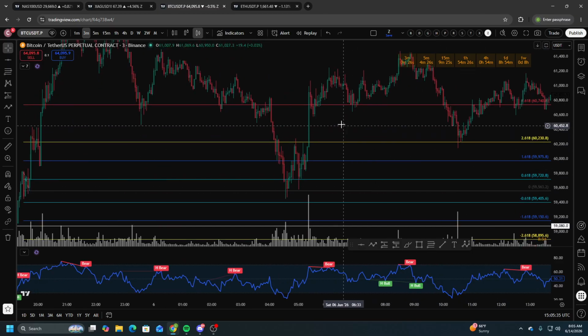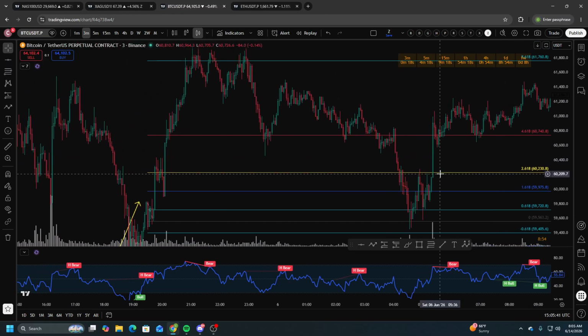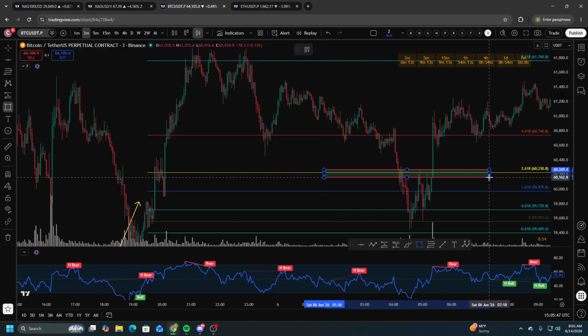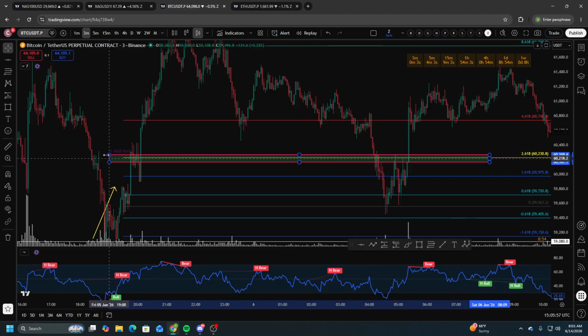Okay, this is what I mean by an untested level too. At this point in the price action, we had this very important level here, which was a level that we retested that took us down to create this low here. Okay, you can see it right from this candle and from here on this whole range.